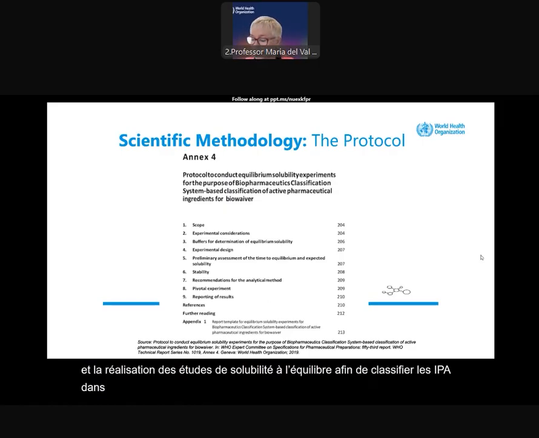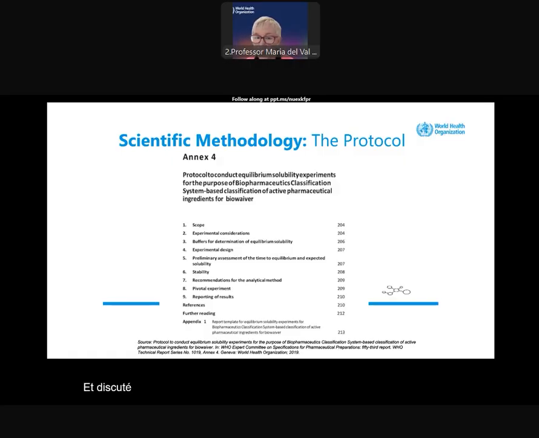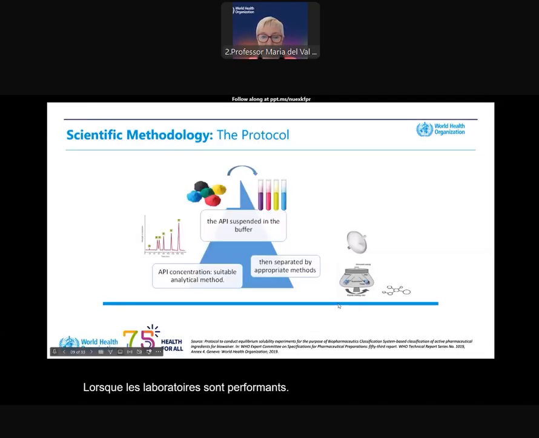This protocol was developed and discussed previously to provide a harmonized approach when the laboratories are performing the solubility studies. Next, Luther.